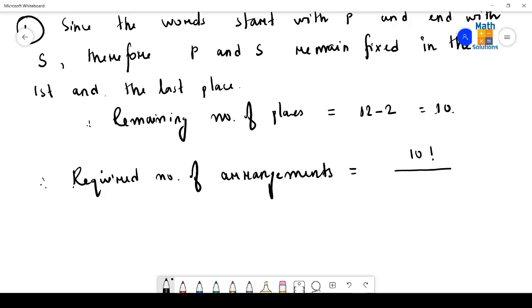That means T is occurring twice and the rest of the letters are all different. Therefore, in the denominator part we have to write 2 factorial.